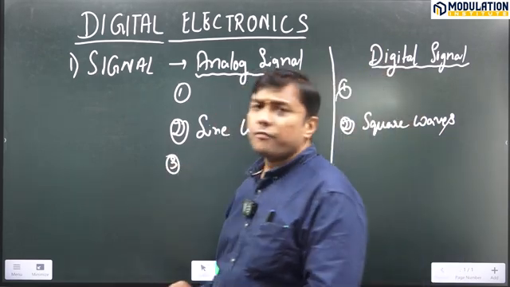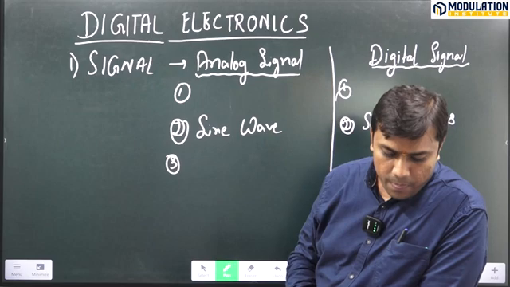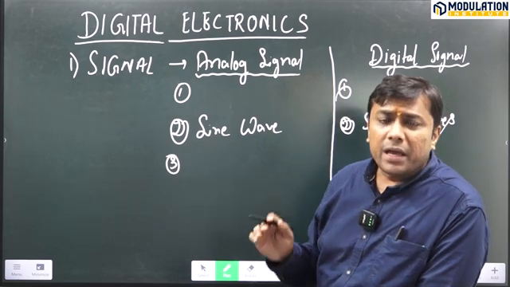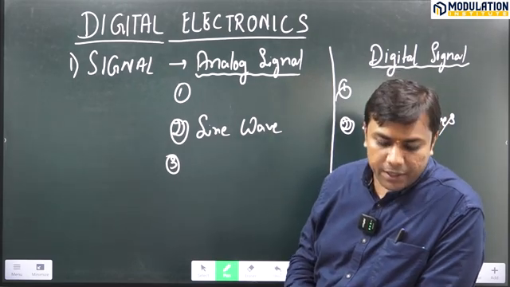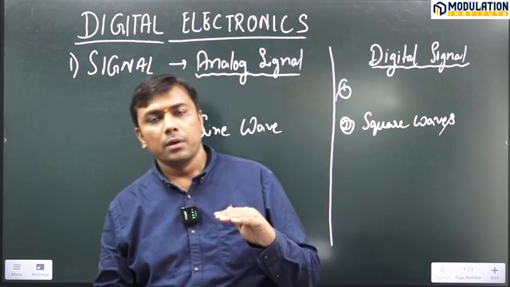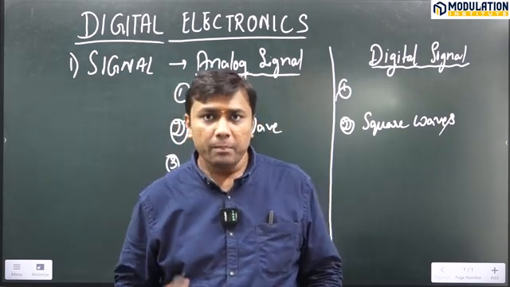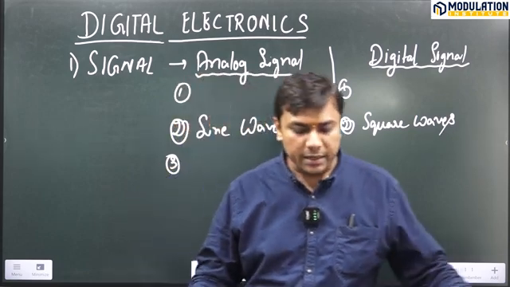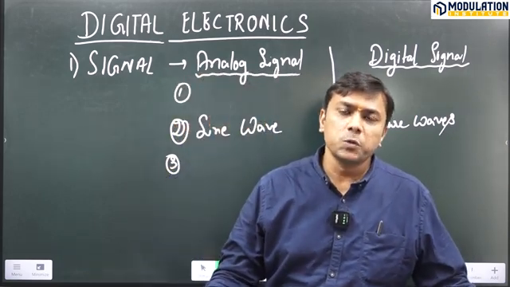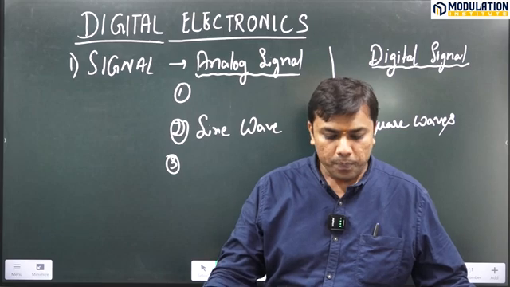The third difference between analog and digital is that an analog signal has a continuous range of values, but a digital signal has a discontinuous range of values.